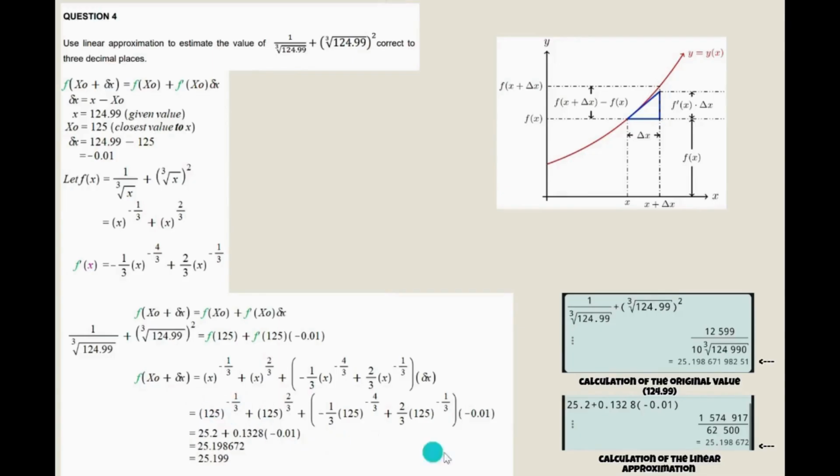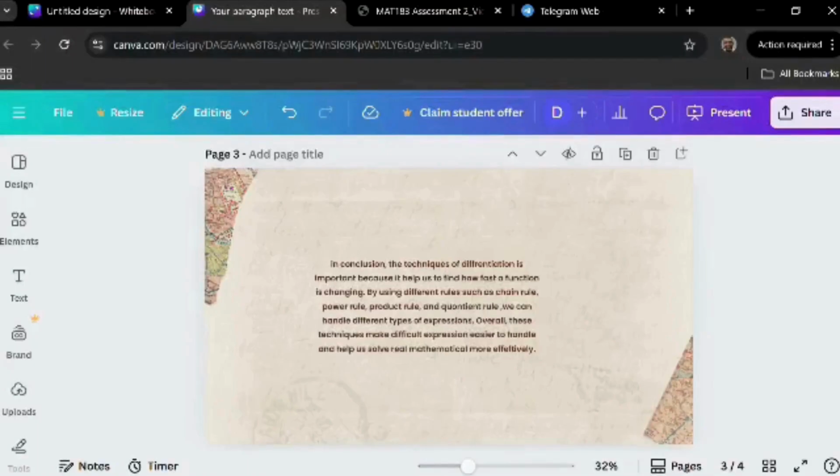Then calculate this whole equation and we'll get 25.198672. Since the question wants us to write the final answer to 3 decimal places, the final answer will be 25.199.